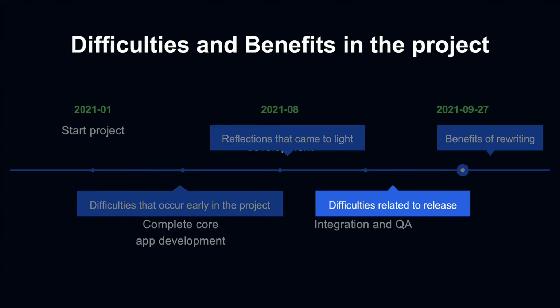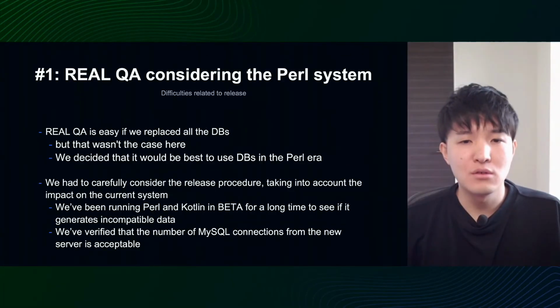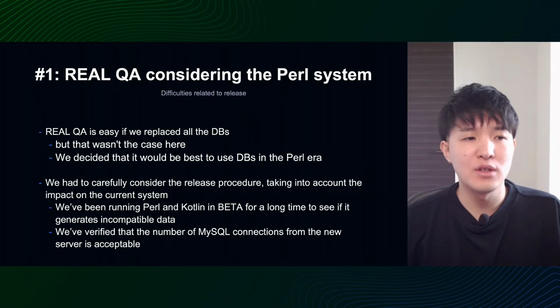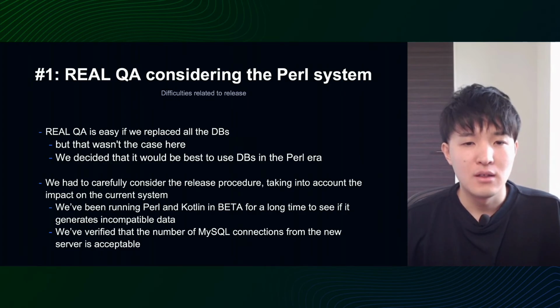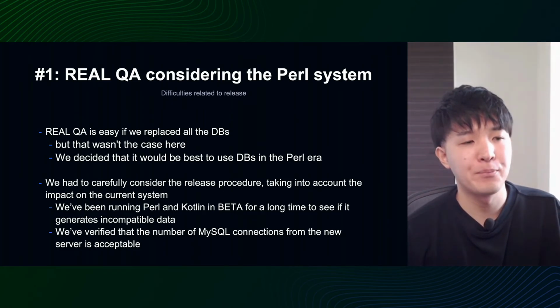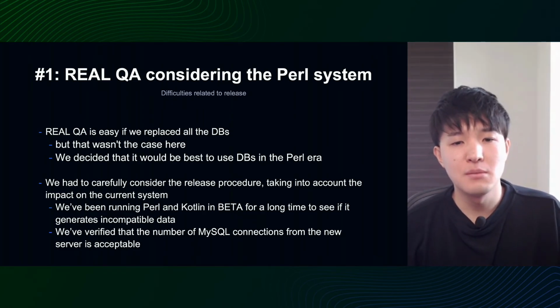There were also some difficulties related to releases. I'll give you 2 examples. The real QA considering the actual Perl system was difficult. Real QA is a production environment QA, and we just called it Real QA. If we were to replace all the databases, then it was not necessary to think about the current system, but that was not the case in this project.